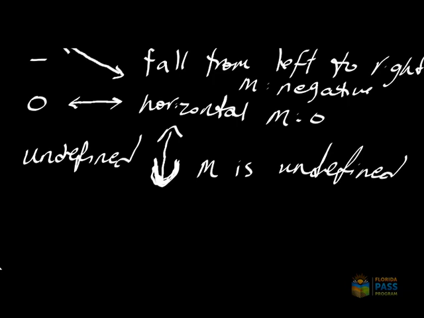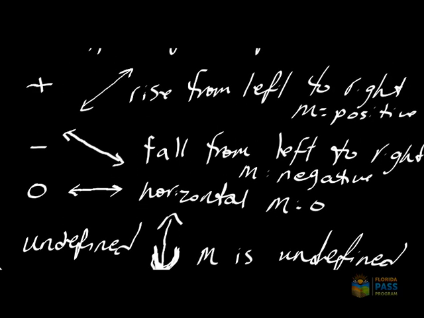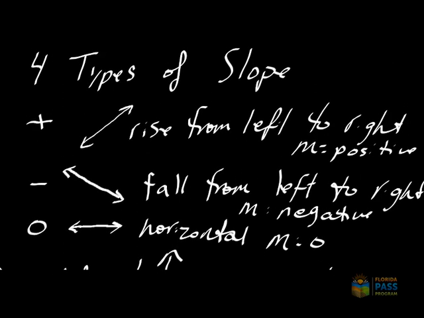Let's review those real fast. You have your positive slopes. The positive slopes rise from left to right. They're always a positive number, such as m equals 4, or m equals 3 over 5, or m equals 0.5.